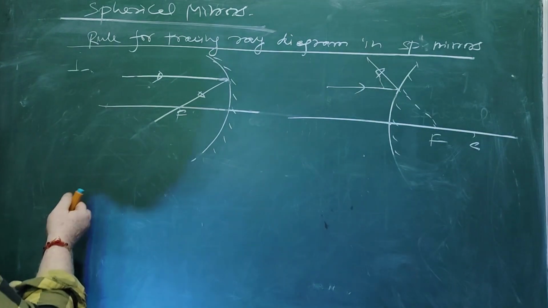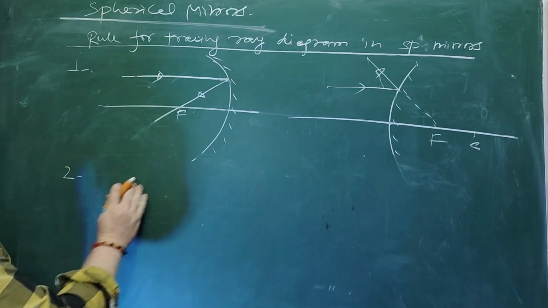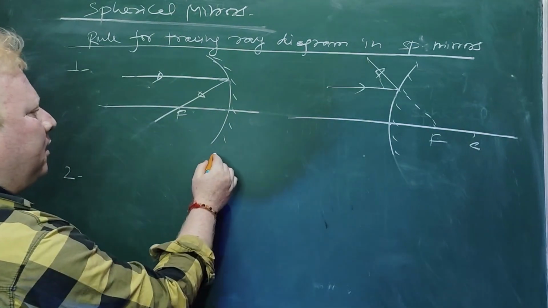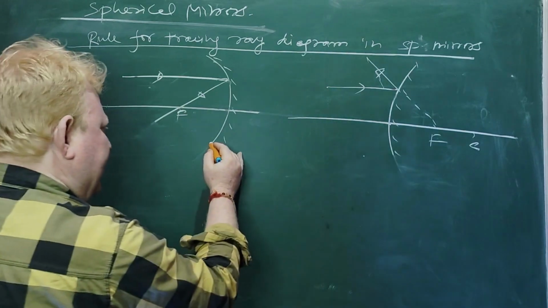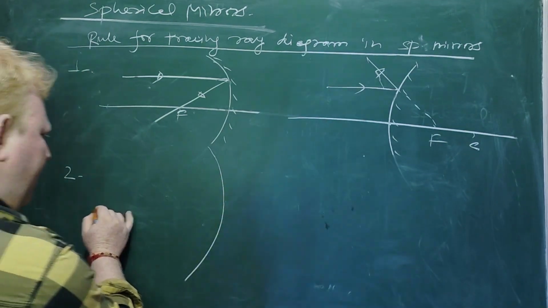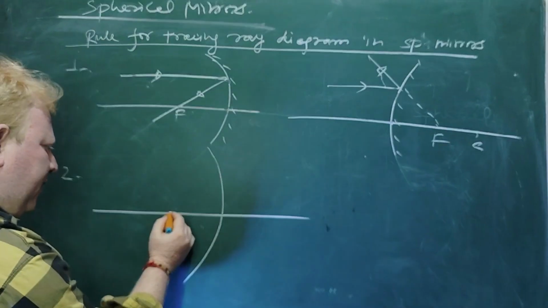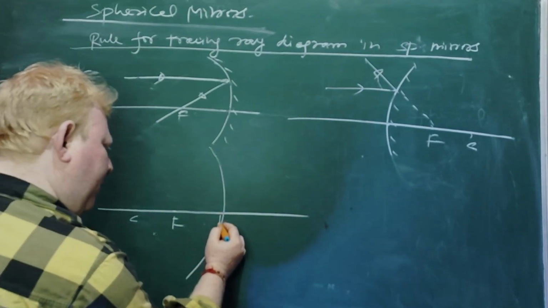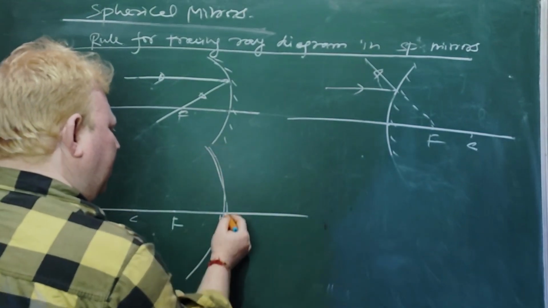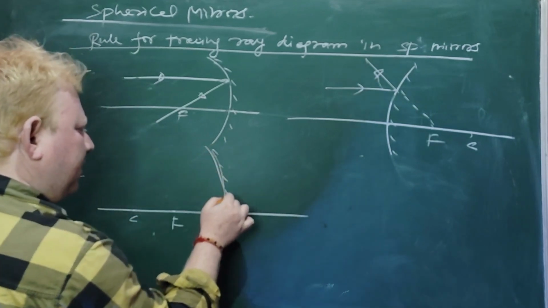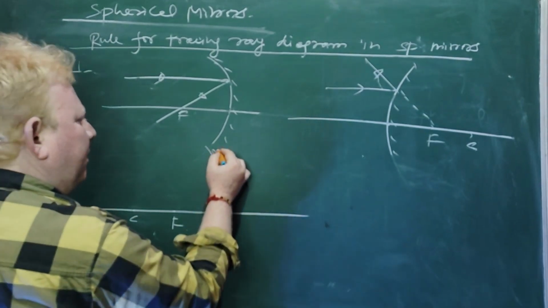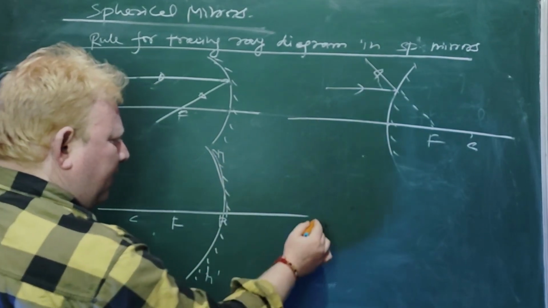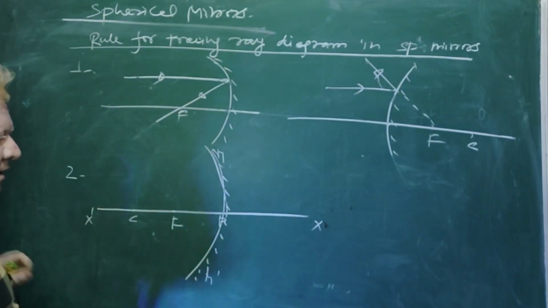So what is rule number 2? Suppose this is the focus, this is the center of curvature, and of course this is the pole, and this is the mirror, dash is the aperture, x-axis dash is the principal axis.